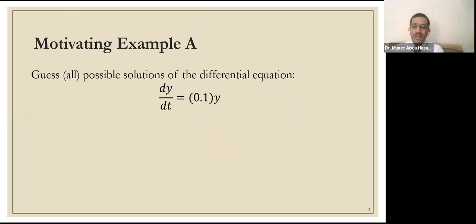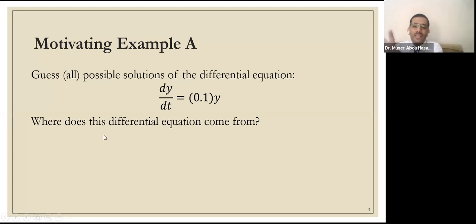So now I have a question. Where does this differential equation come from? That means, does this equation come from the mind of mathematicians, or from some real life phenomena? Actually, this differential equation can describe more than one phenomenon in our real life problems.